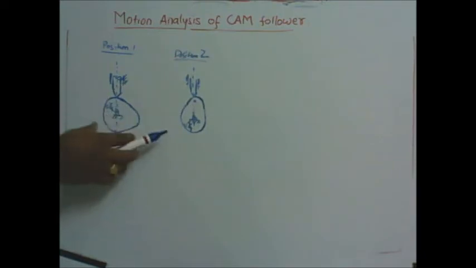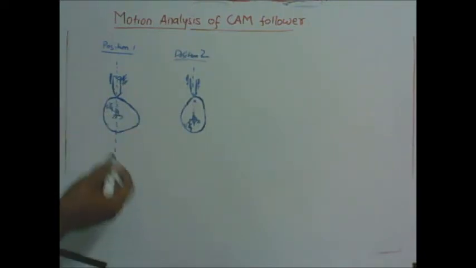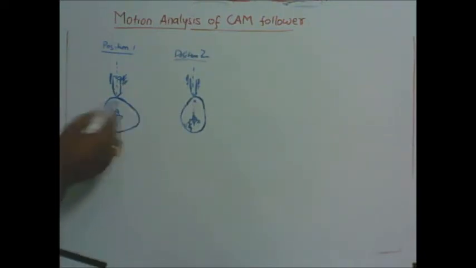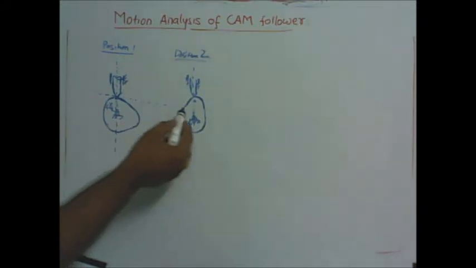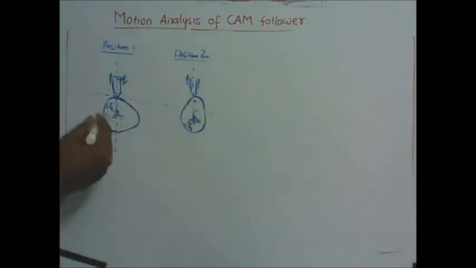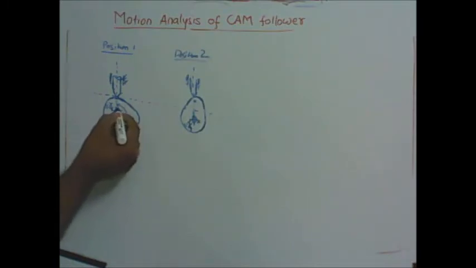This is, for example, a given profile of cam. This is the lowest point of the follower. If it is rotating in the anti-clockwise or counterclockwise direction, then the cam has to rotate through a certain angle.